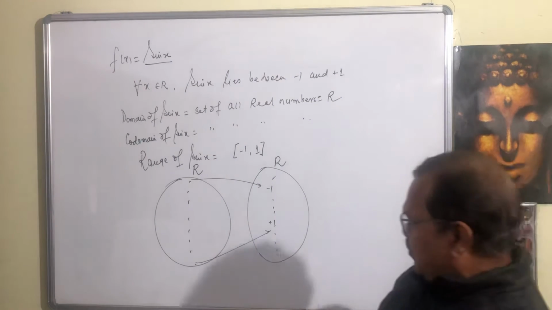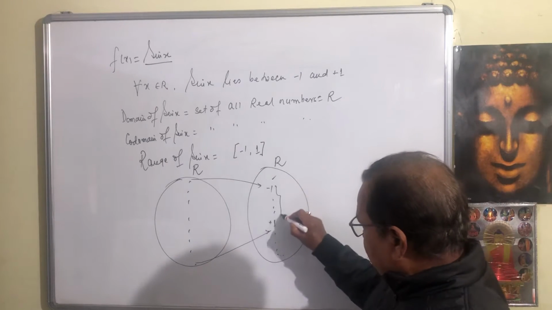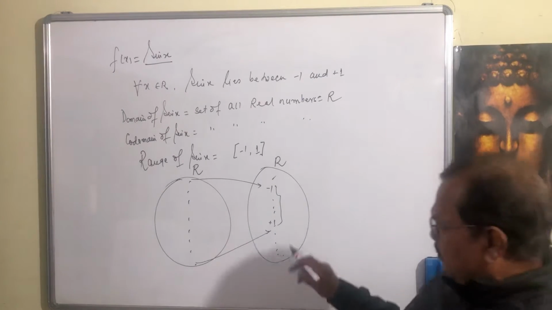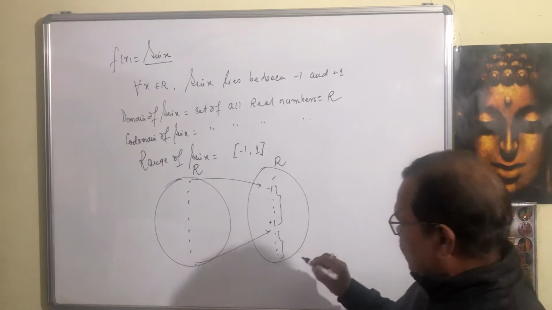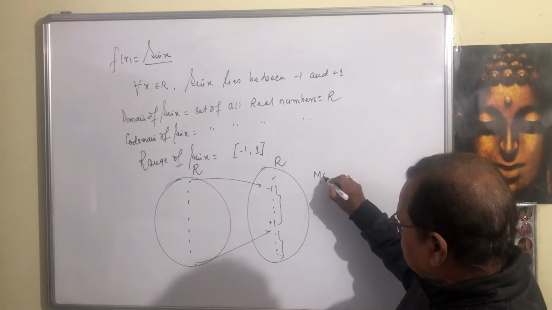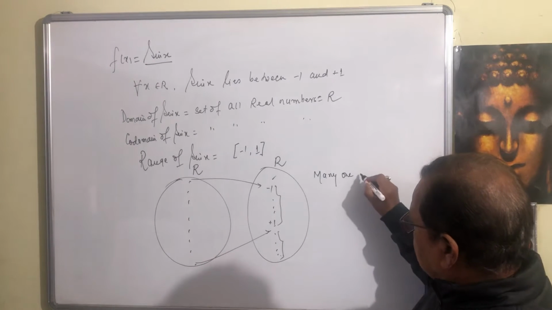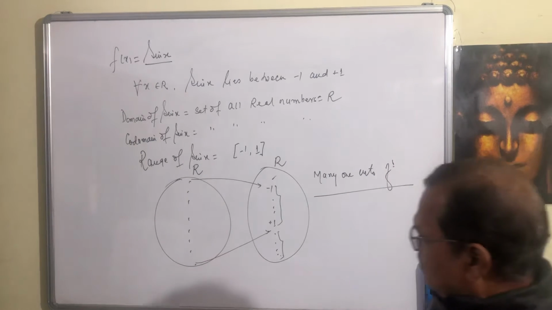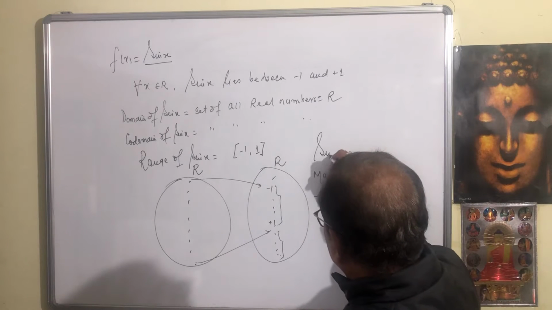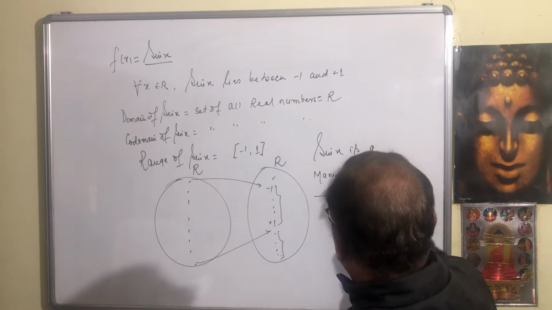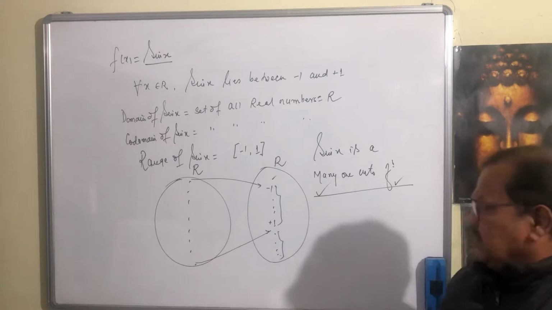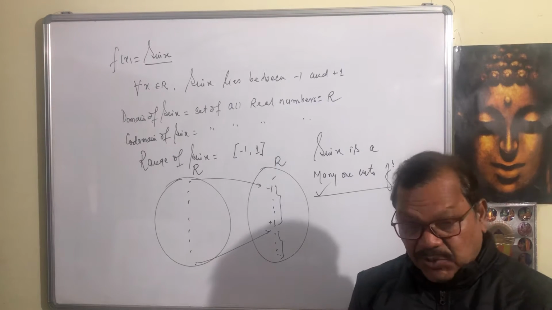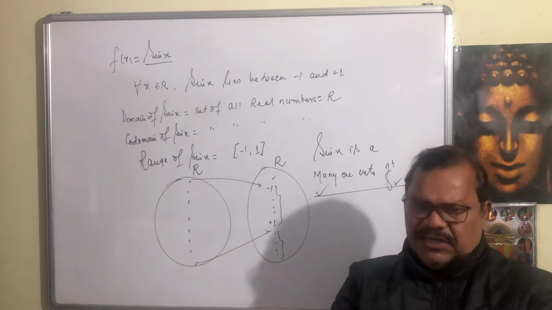This is not 1-1 and onto because we are getting only -1 to +1 here, and between the values -1 and +1 there are many elements here. So this is a many-one into function. So sin x is a many-one into function. Therefore sin x will not possess an inverse without restrictions. So we shall see restrictions later.